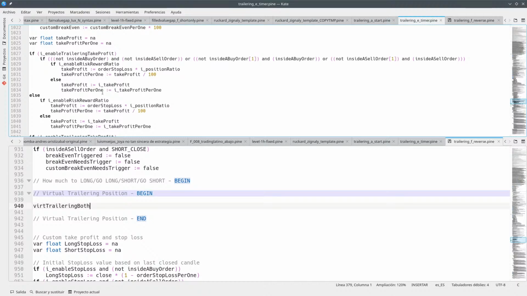And this is the take profit part, and I want to work with this take profit part. Okay, so look at this. Are we inside a buy order or not? That's a good question. This is what we need to fix. We need to have new variables so that this makes sense.